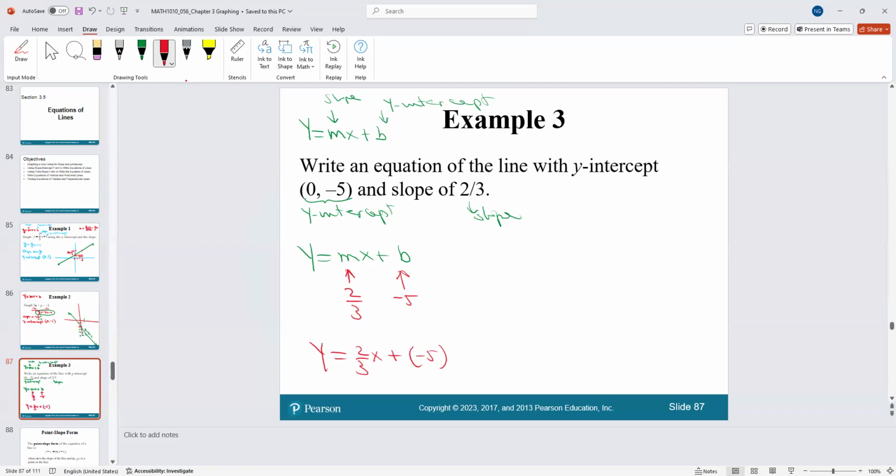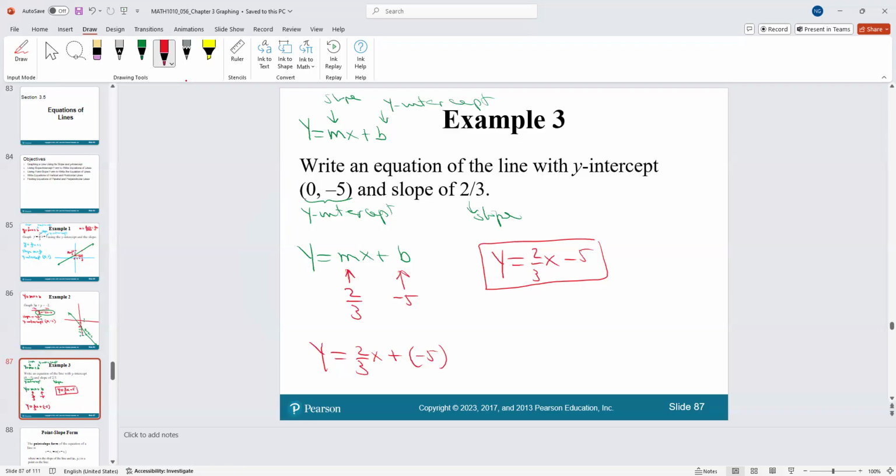Plus a minus gives you minus. So y equals 2/3 of x minus 5 is the final answer, as they ask us to write the equation of the line using the y-intercept and the slope in this case.